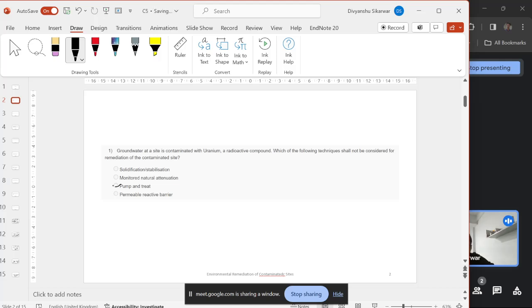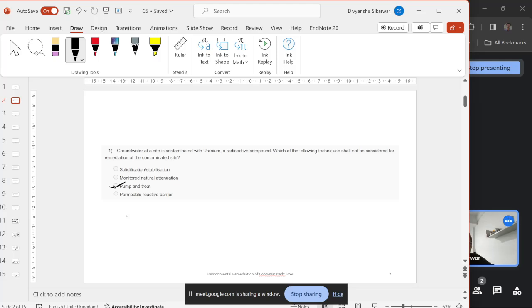The correct answer for this question is pump and treat. As discussed in class, there are various disadvantages to pump and treat. For instance, the tailing effect.